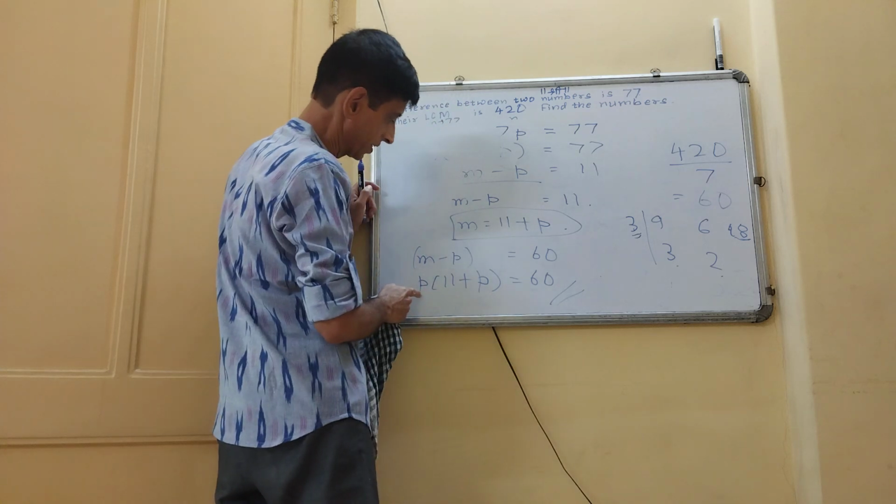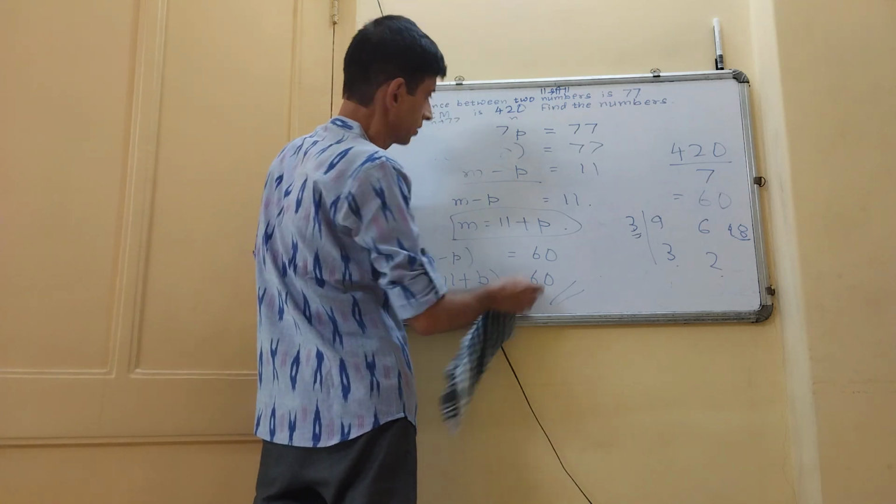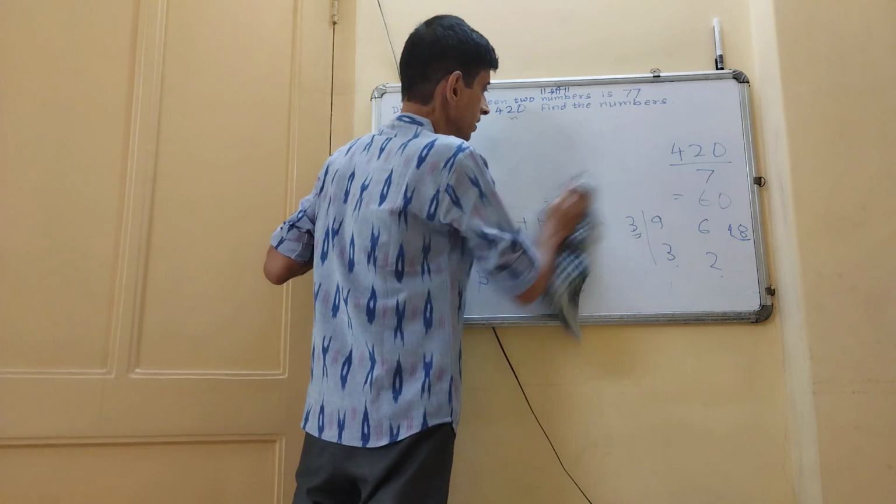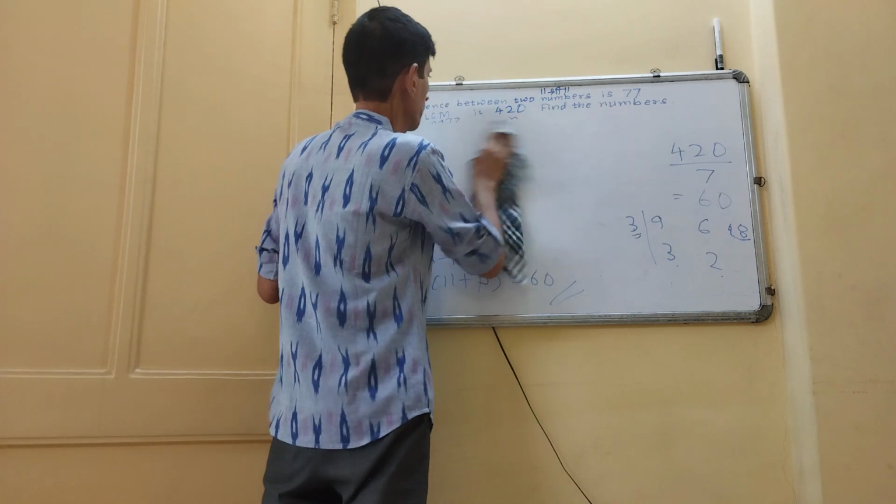Now what is our equation? P into 11 plus P is equal to 60. So let us try to solve that.